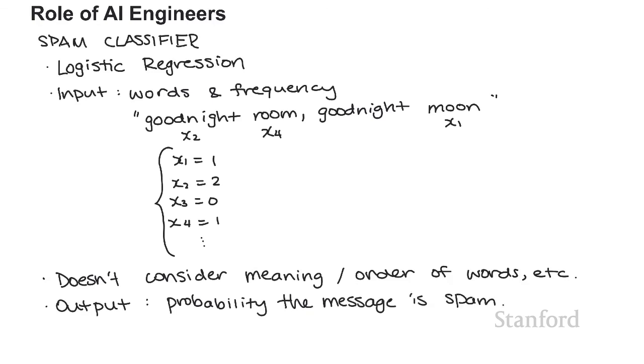Now, as I mentioned earlier, the model isn't perfect, and so the role of an AI engineer would be to perfect this model. Some things that they could potentially do to improve the model would be to pre-process the inputs so that synonyms map to the same input value. We could achieve that by incorporating a thesaurus into the model, or we could use sentiment classification to first map words to their meanings.